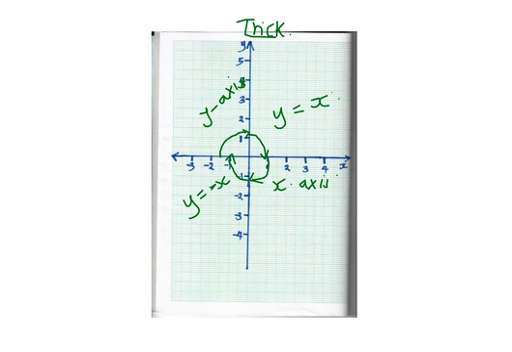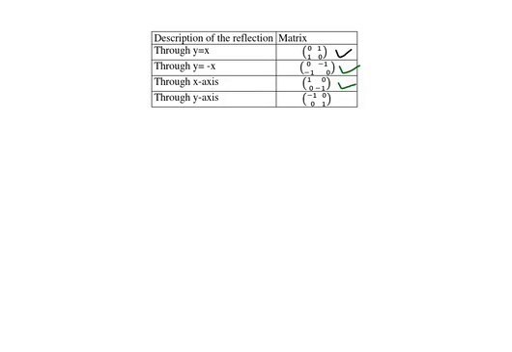So if y equals x is being used as the mirror line, then the matrix of transformation should be 0, 1 and 1, 0. We can check that from the table, and our trick has worked.